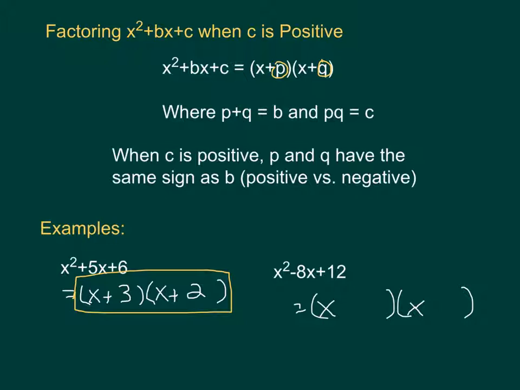So since that's a negative, I'm going to use two subtractions. Now, just like I did before, I have to come up with two numbers that multiply to 12 and add up to 8.